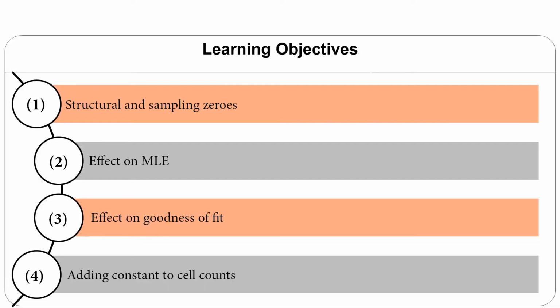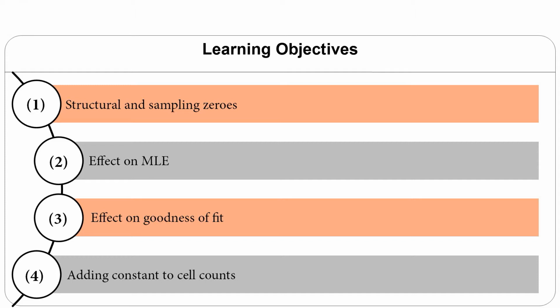Learning objectives for this module. We shall first look at the two different types of zeros which can occur in cell counts, firstly structural and secondly sampling zeros. We shall make a distinction between the two, and for the remainder of the discussion shall confine ourselves to the occurrence of sampling zeros and their consequences.